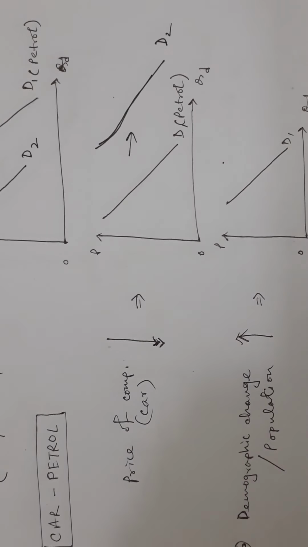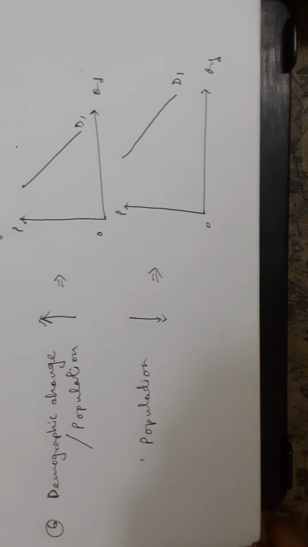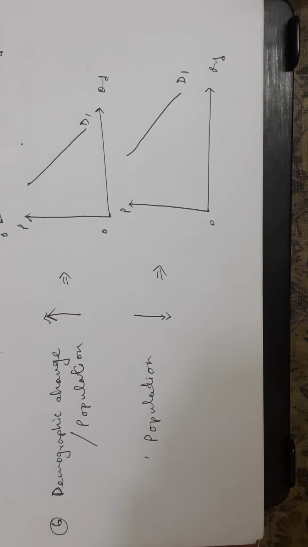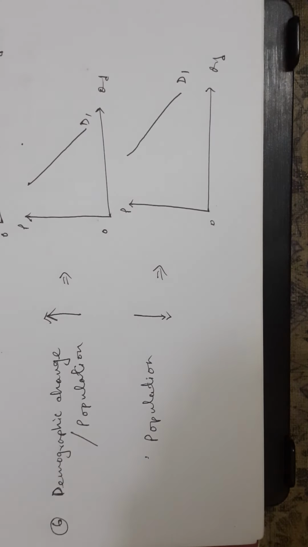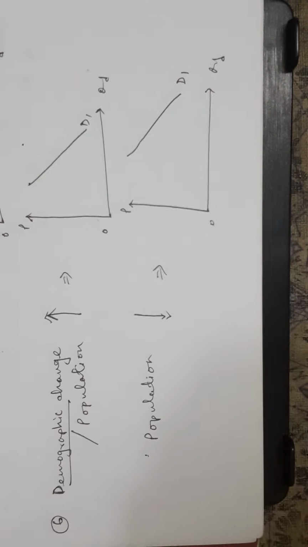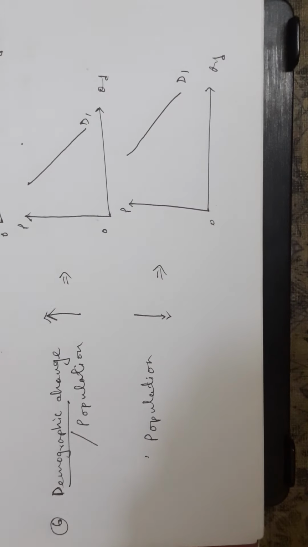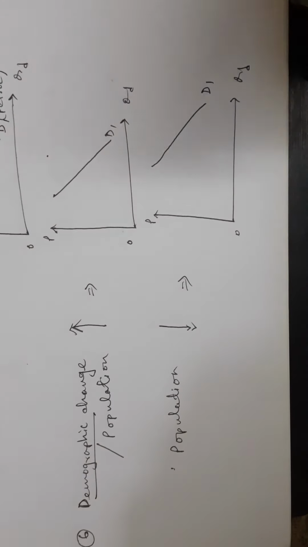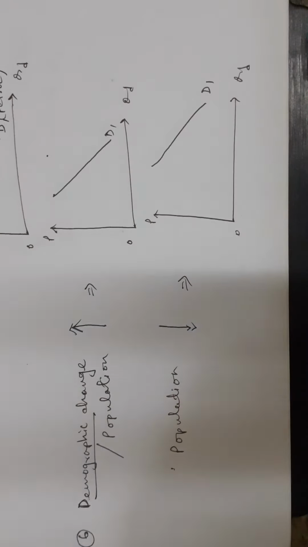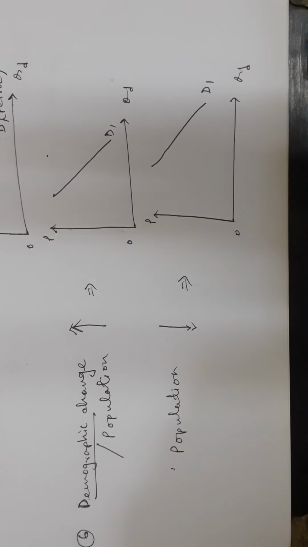Okay. Last but not the least is demographic change, as it is written in your book. It's the same as population. Demography means population. Something related with population is called demography. So demographic changes mean change in population. If the total population of a particular country increases over time, more and more people are in that economy, and they will demand more.